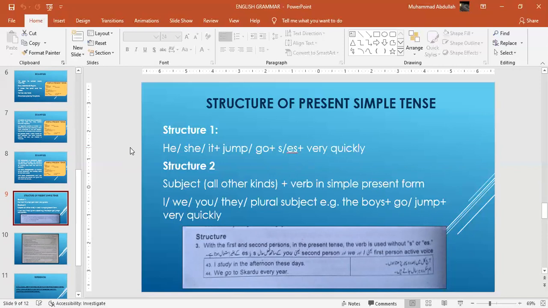Let me stop here and explain one thing. I want to remind you that the structure of any English sentence is subject, verb, object, right? What does subject mean? In very, very simple words, we can say that subject is the doer of action, the one who does the action. He jumps very quickly.